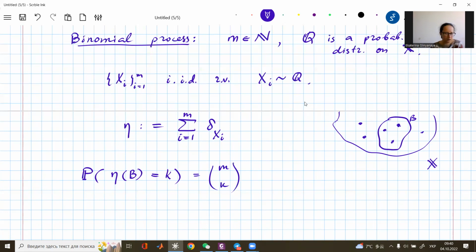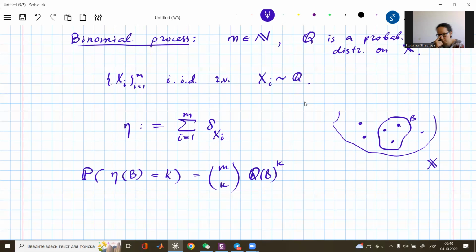So I write the binomial coefficient. And the probability that a point belongs to the set B is equal to the distribution Q of B. So I just write Q of B to the power k.